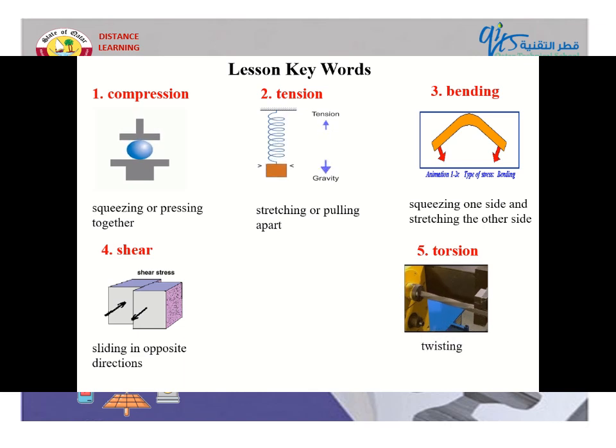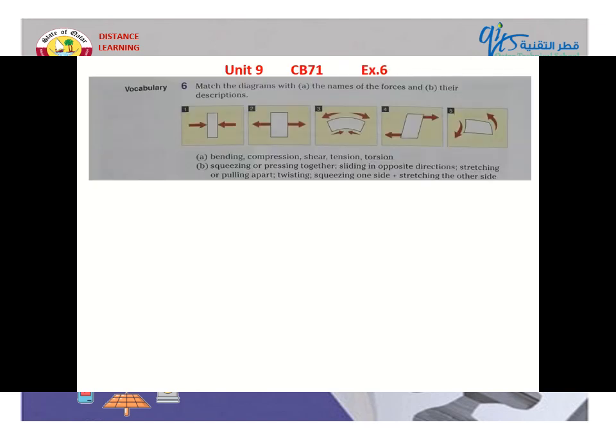Now, let's go to our first task, which is a matching exercise about our keywords. Open your course books to page 71. The task says, match the diagrams with A, the names of the forces, B, their descriptions.